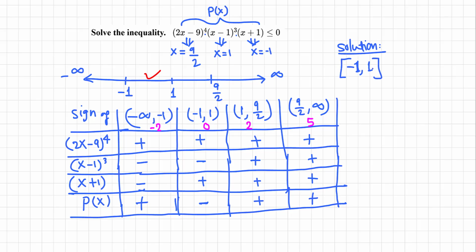Included means bracket. There are no other intervals left, but 9 halves makes this 0, so 9 halves should be included. So this one union 9 halves, which is a single number, so we put braces. So all the numbers from negative 1 to 1 inclusive, and the number 9 halves.